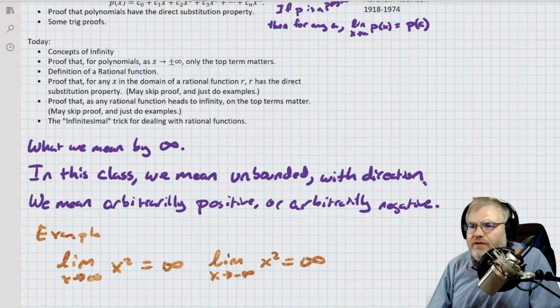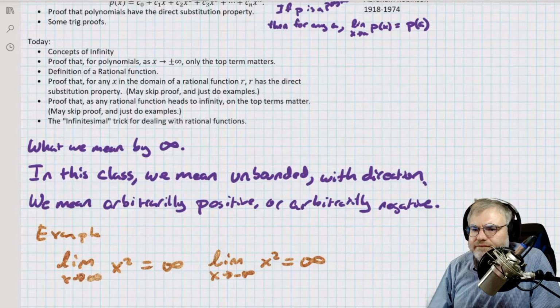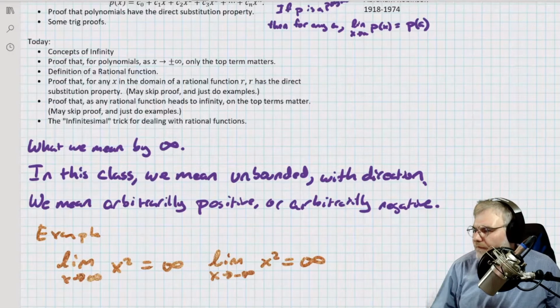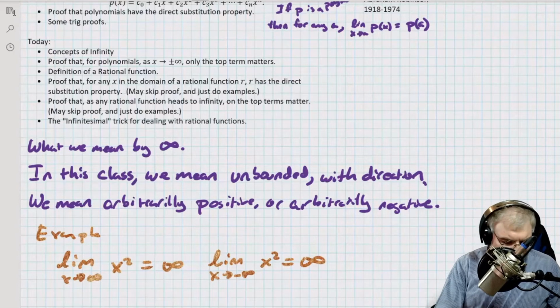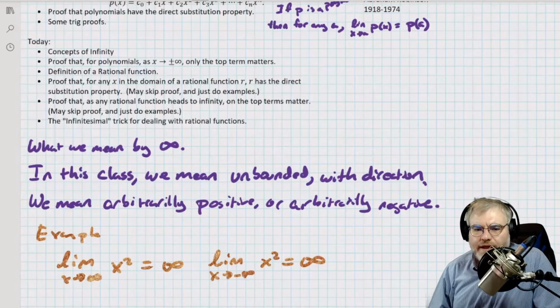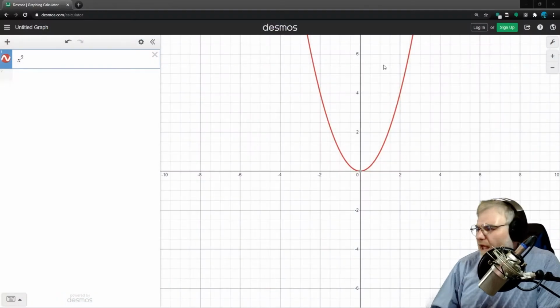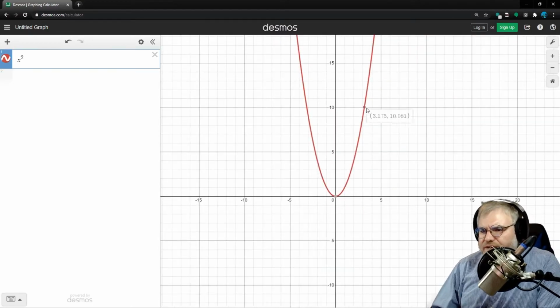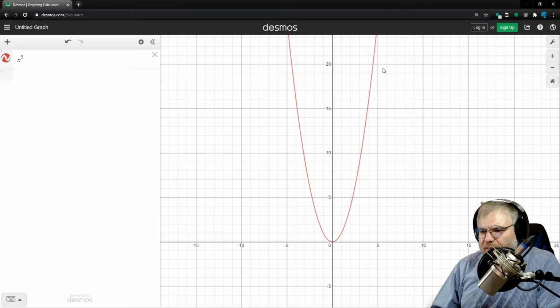So if we take our old little parabola friend, f of x equals x squared, and we plot it in Desmos here, we're going to see that as we go up to 5, we go off to positive infinity.